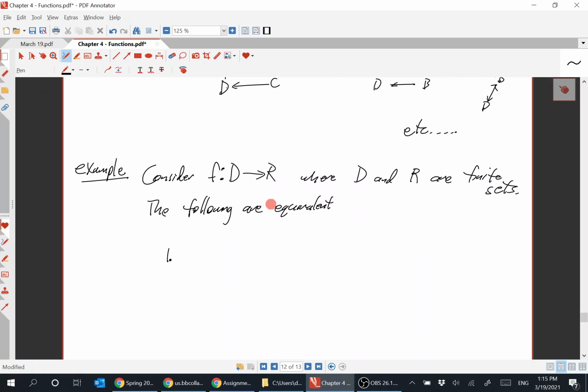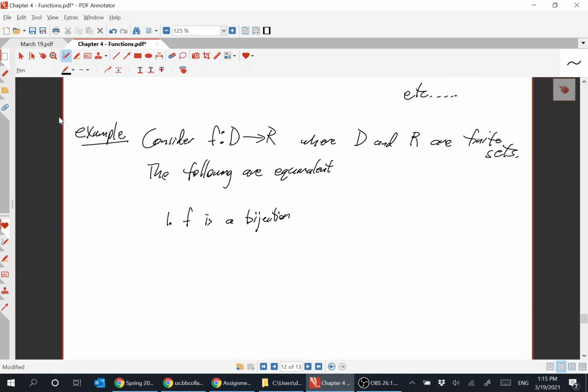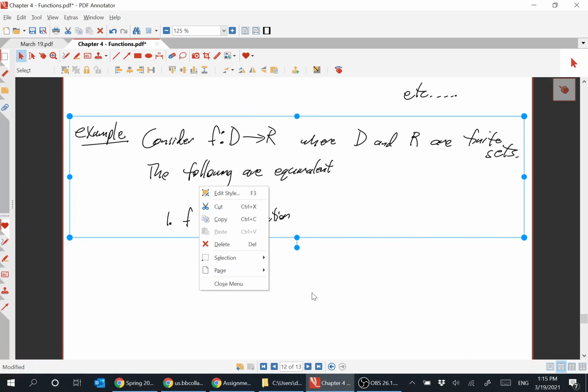One, F is a bijection. I didn't define bijection. A bijection is something that's injective and surjective. So let me give a definition there.